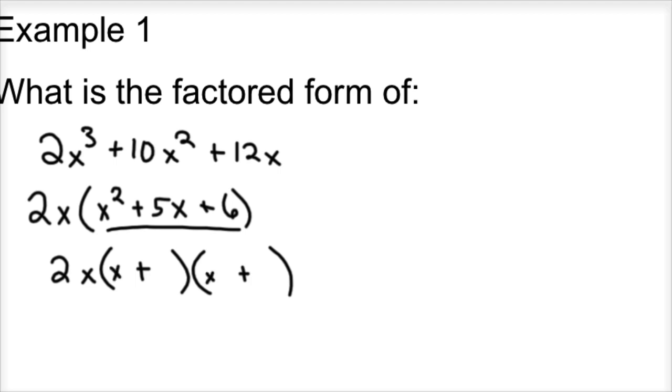Now the factors of 6 are 6 and 1 or 3 and 2. And we want to make 5 where it's both plus plus, so it'd be 3 and 2. And you could double check that. That's 3x and 2x, that's 5x, so that works.